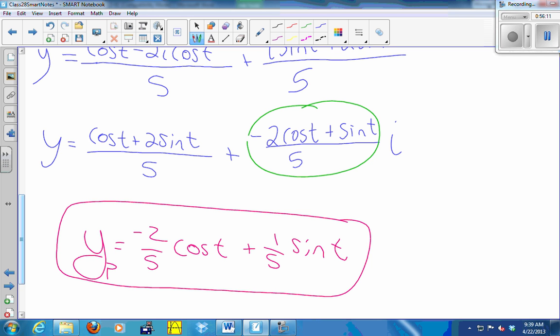Yes, that's what we're going to talk about. And this is the same thing we got for y particular when we did it just with guessing. So it's kind of fun, another way to do it.